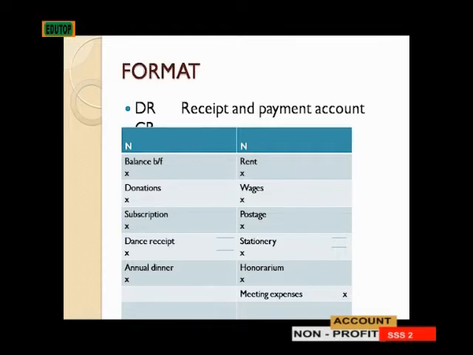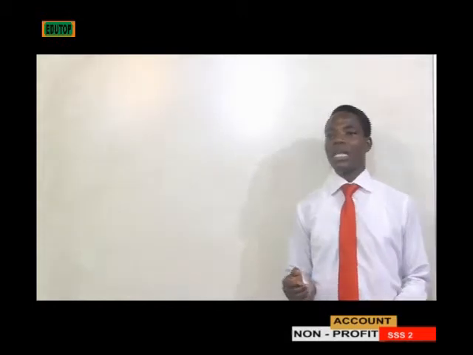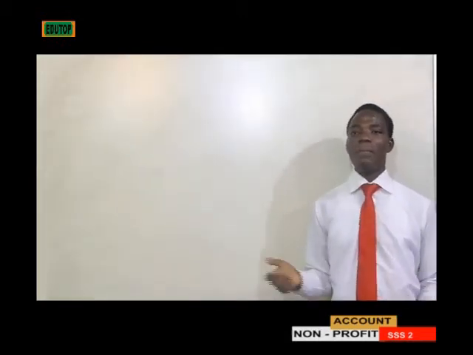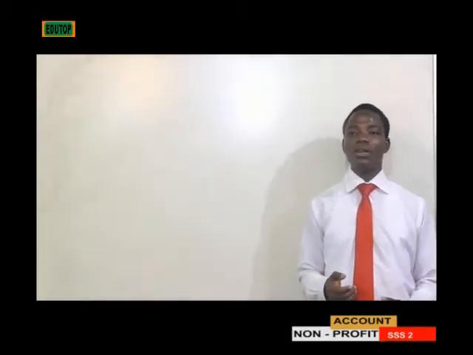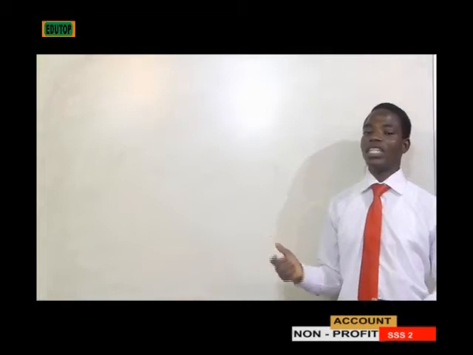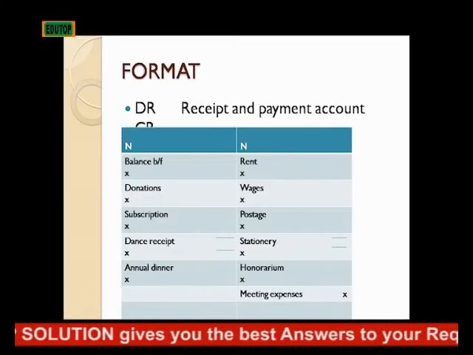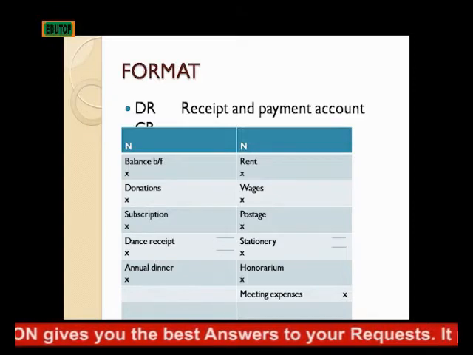It's a non-profit organization, so there are some items that will be included when you are preparing receipt and payment, like donations. When members of the non-profit organization donate money to the organization, that means the organization received some amount. Then we have subscriptions, a dance receipt, and annual dinner.